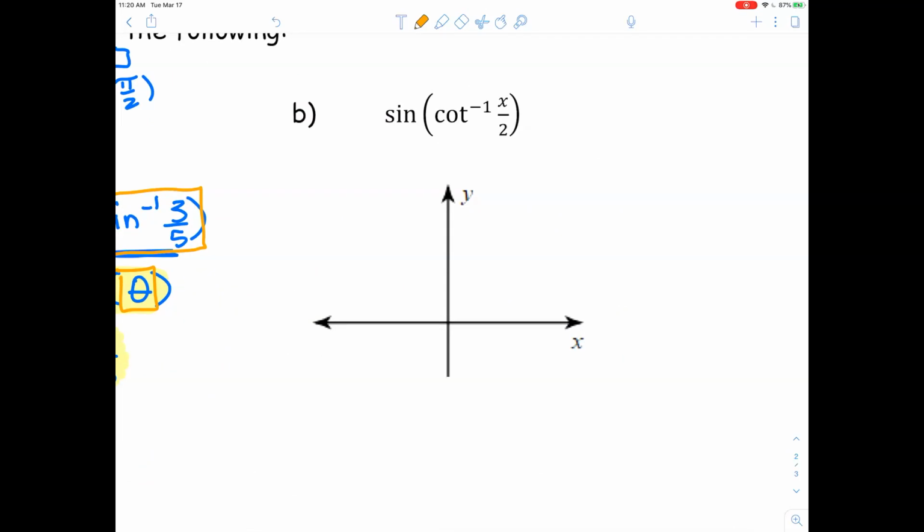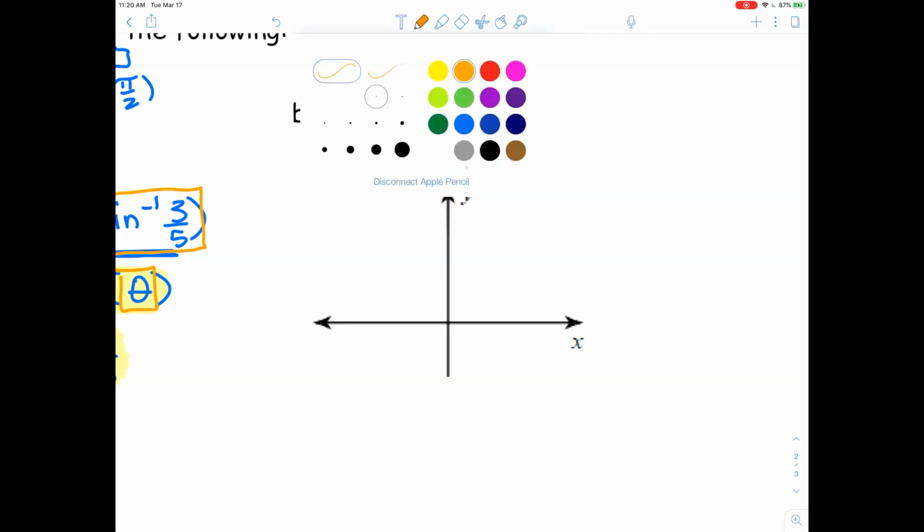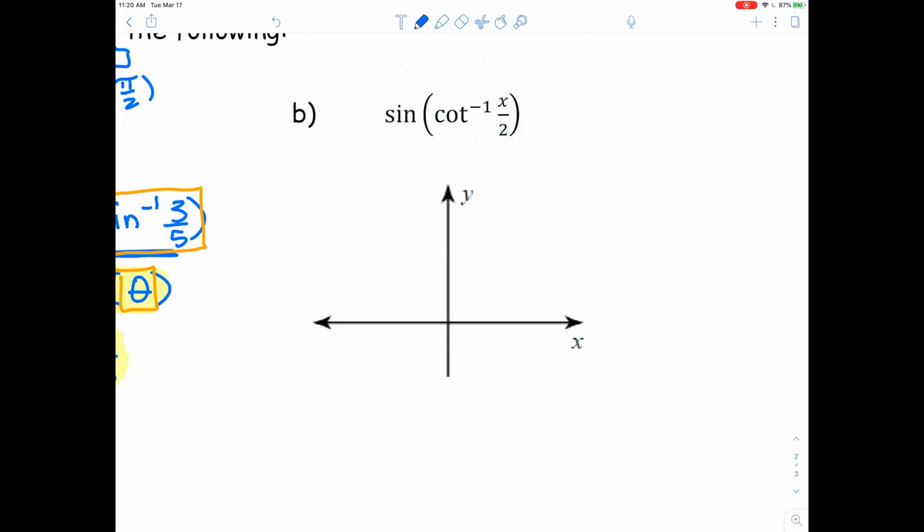Oh my goodness. So here we have cotangent inverse of x over 2. So we have some unknown values here. Okay, but let's talk about the domain of our cotangent, which is unrestricted. So we can plug this value in, even though we don't know if x is positive or negative. We don't know what x is. But let's remember that the range for our inverse cotangent function is between 0 and pi. Now here's the thing, this is my adjacent over my opposite.